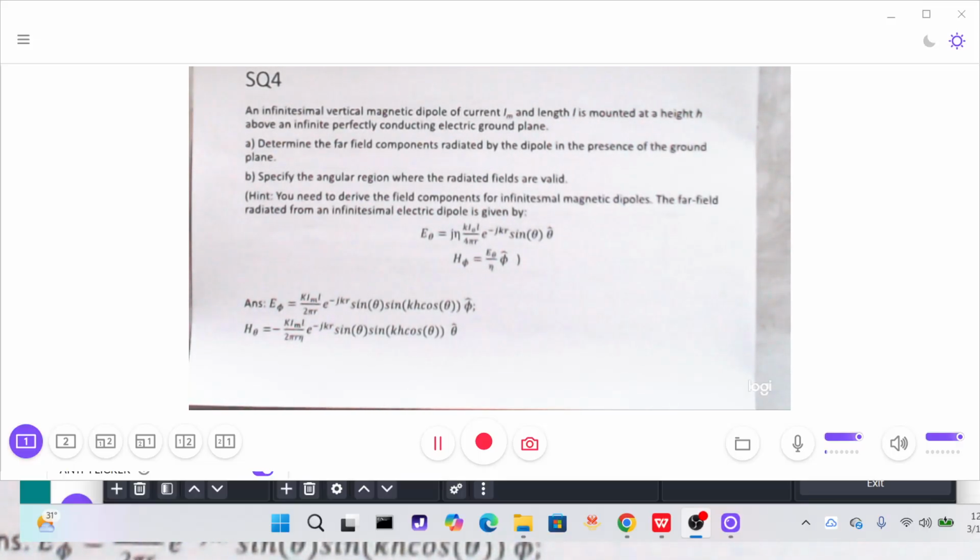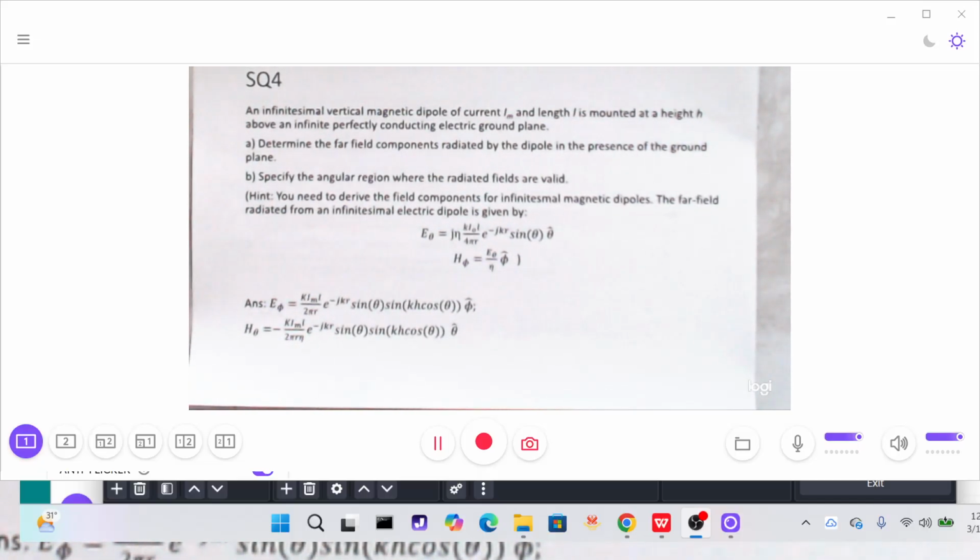Part A. Determine the far field component radiated by the dipole in the presence of the ground planes. Part B. Specify the angular regions where the radiation fields are valid.